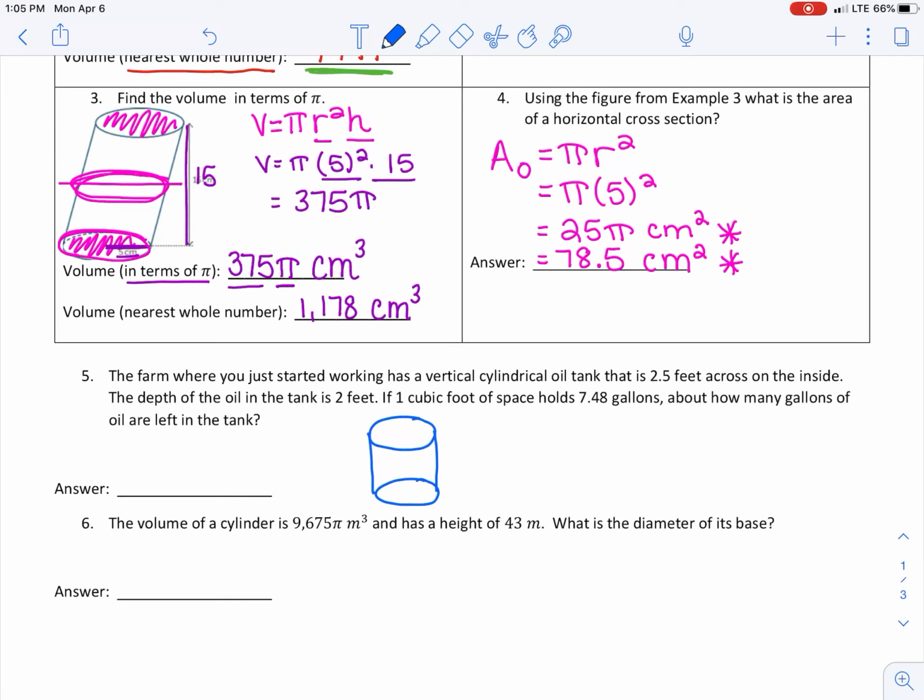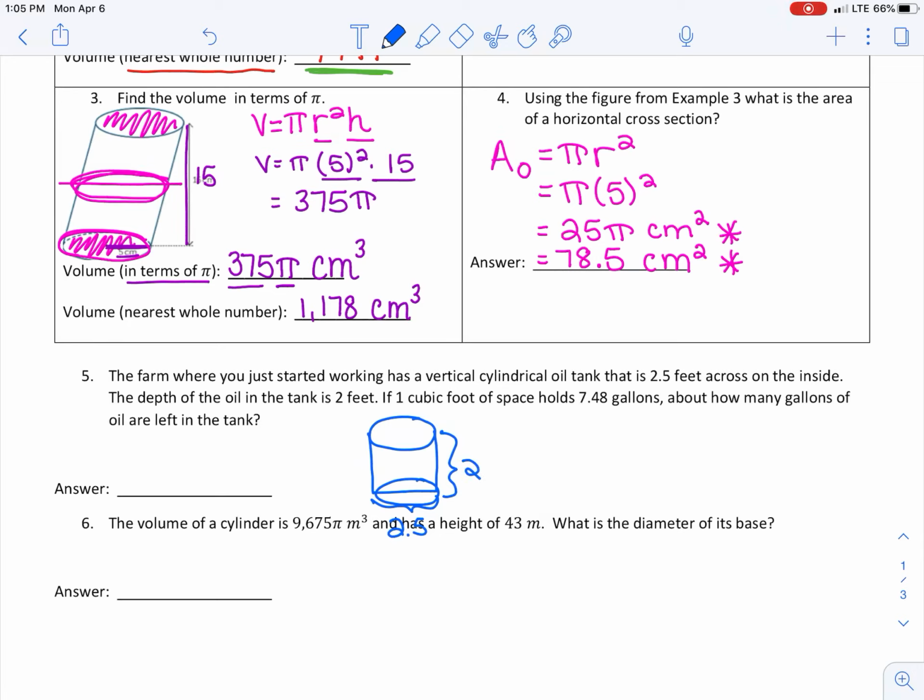Okay, and it says it's 2.5 feet across on the inside. So that means this whole entire distance is 2.5. Okay, and then it says that the depth of the oil tank, so that means its height, basically how deep it is, is going to be 2 feet.